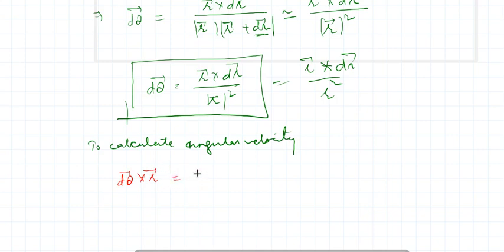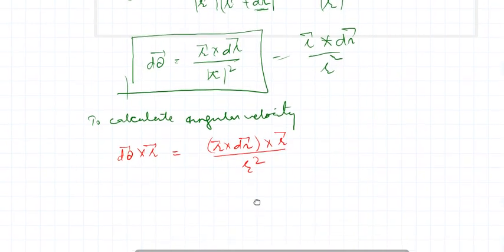So it is r cross dr cross r vector divided by r square.